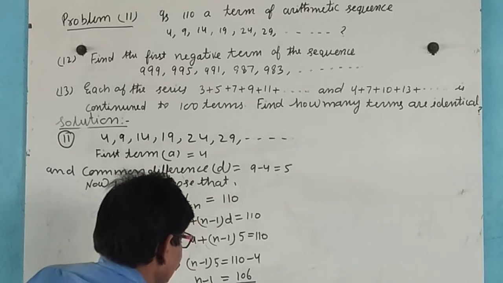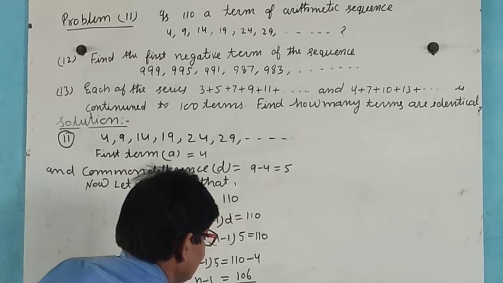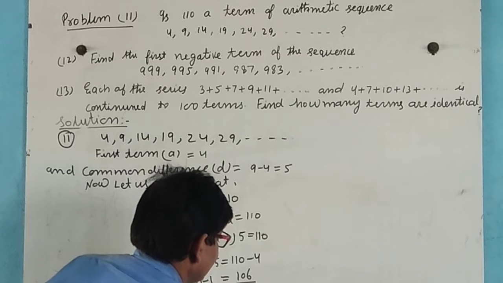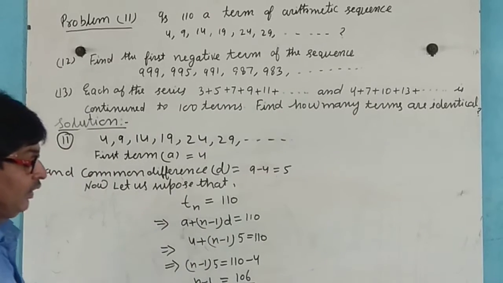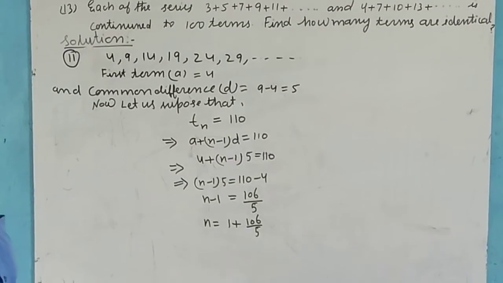It means that n is equal to 1 plus 106 by 5.